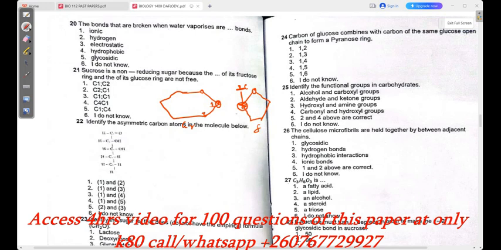Hence sucrose is a non-reducing sugar. So it has to be 2 because fructose is coming first. So 2, 1. Carbon 2 and carbon 1 of glucose. So C2, C1. Option 2 for 21.